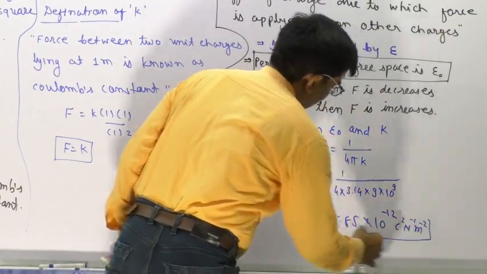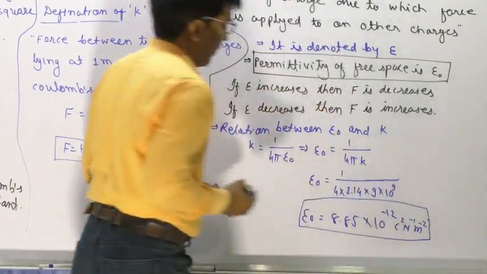This is the value of epsilon naught, which is said to be permittivity.